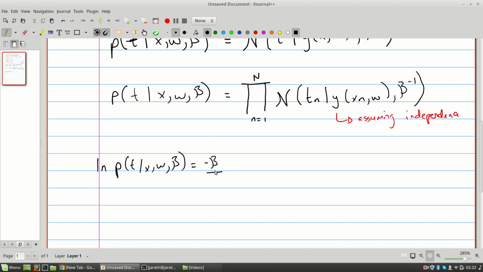So we have minus beta over 2, summation from n equals 1 up to N of (y(x_n, w) minus t_n) squared, plus N over 2 ln beta minus N over 2 ln 2 pi.